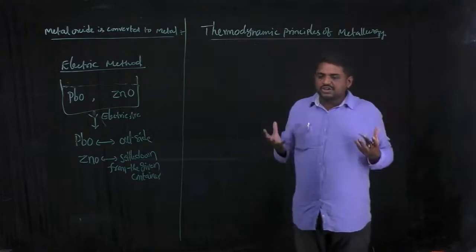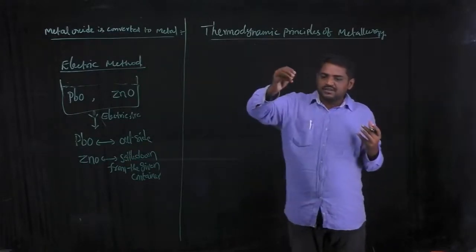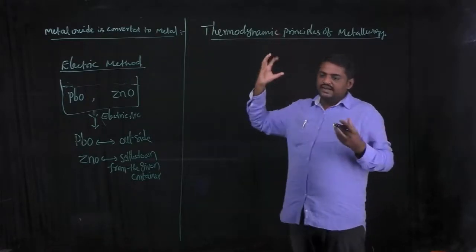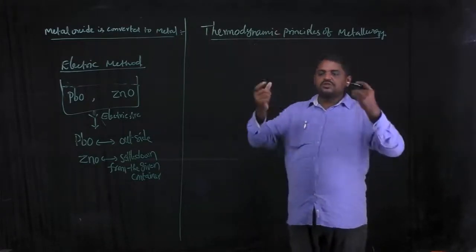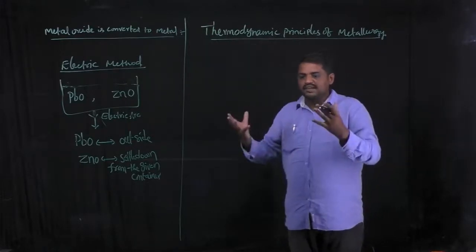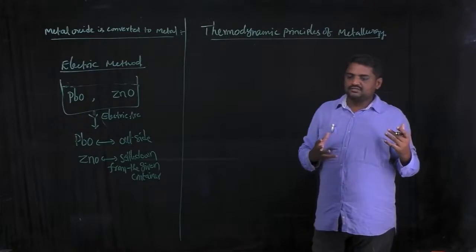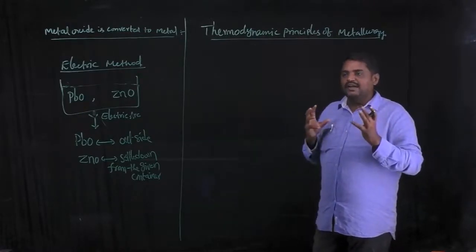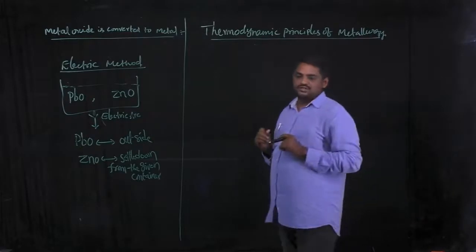Generally, in metallurgical processes, these principles are involved to identify whether the reaction is possible or not, whether the reaction is spontaneous or non-spontaneous. Okay, so these points are identified by using these methods.